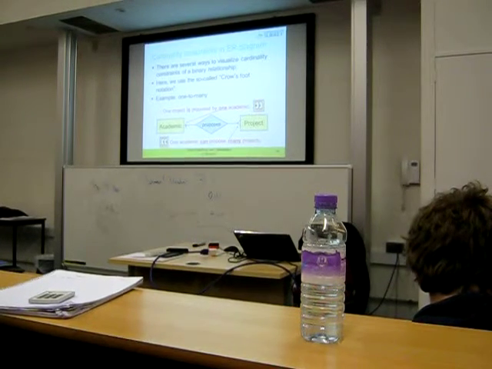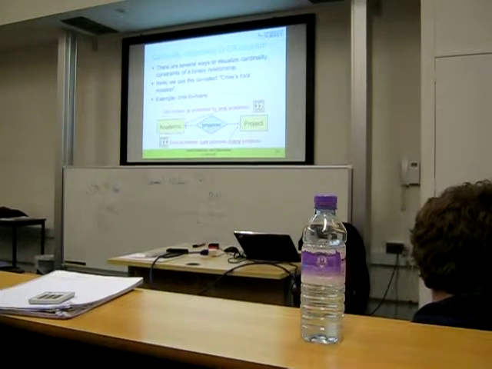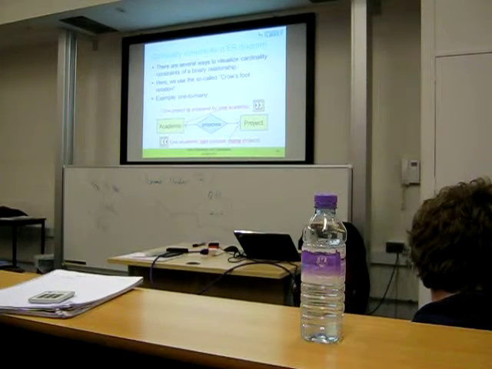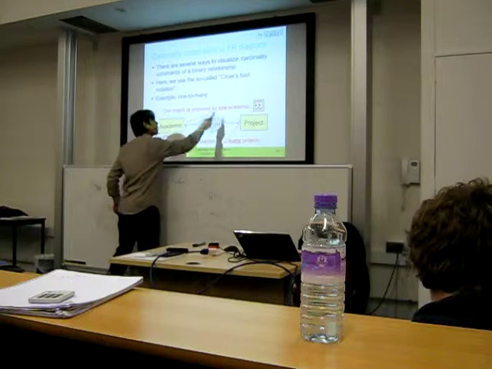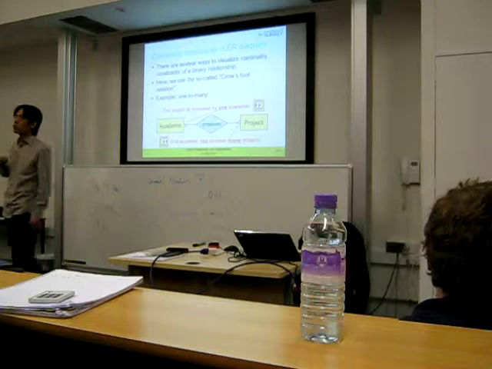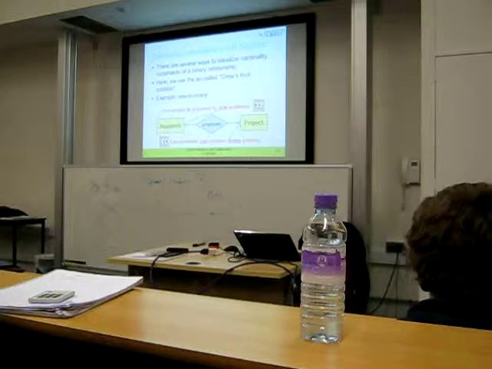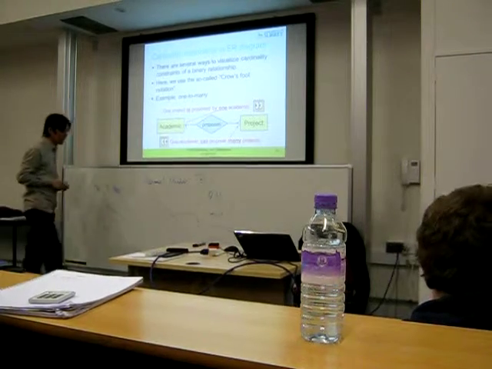One academic can relate to multiple projects. And then this is something called cross-foot notation, which basically gives you three branches, which means many. It just indicates many.